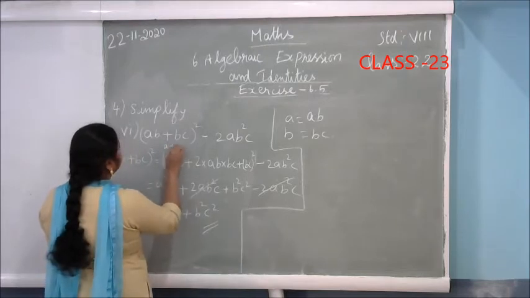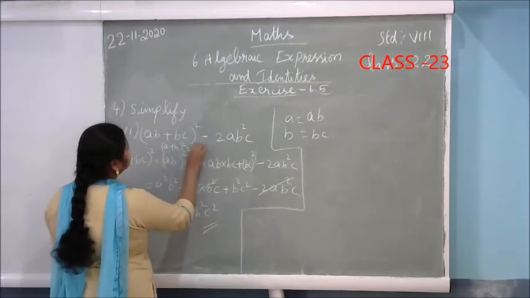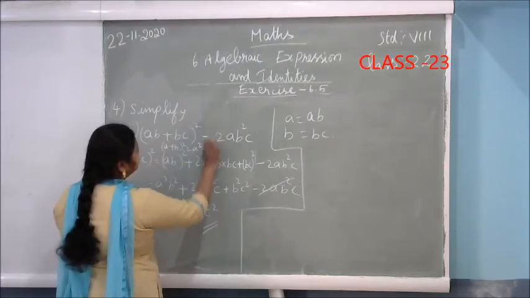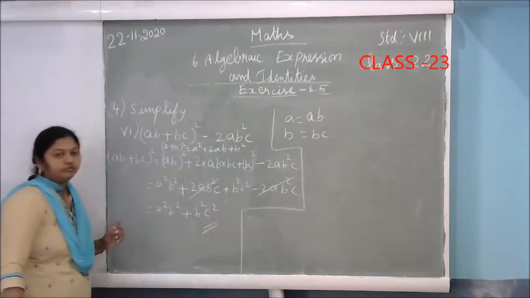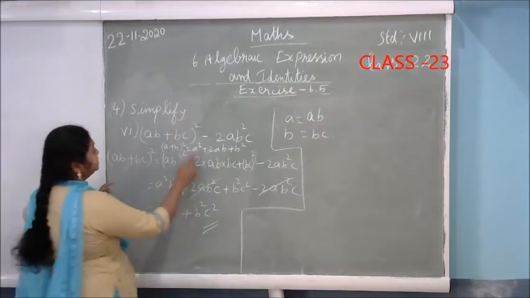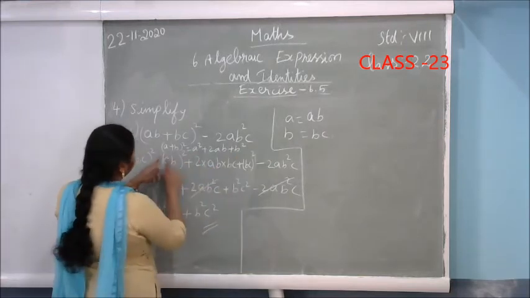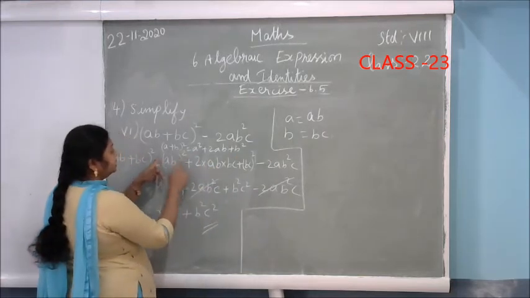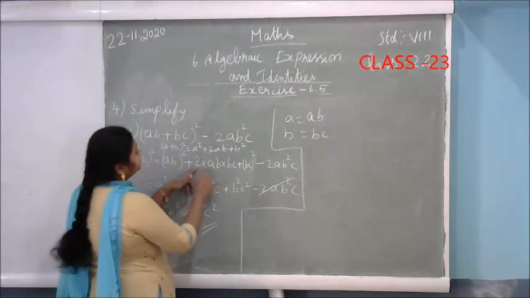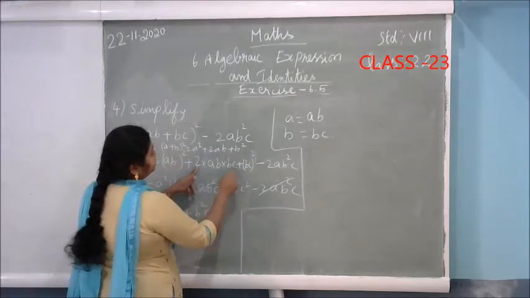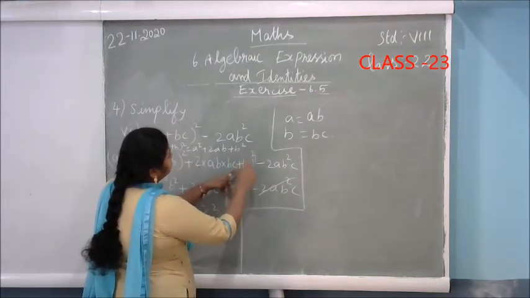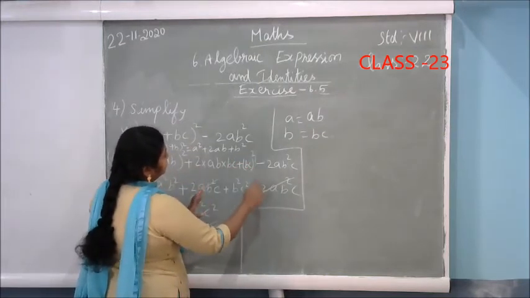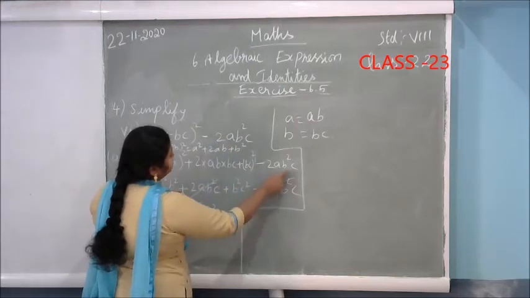The formula: (a plus b) whole square is equal to a squared plus 2ab plus b squared. So instead of a squared, ab is there, so (ab) whole square; plus 2 into ab into bc; plus again, instead of b squared, (bc) whole square. Afterwards this term I wrote here.